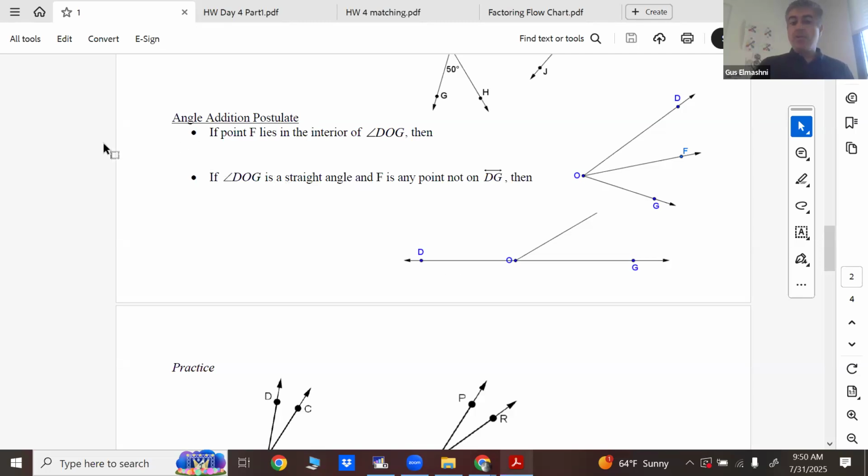Angle addition postulate. Just like the segment addition postulate. So F is the interior, so you can say angle DOF plus angle FOG equals angle DOG.